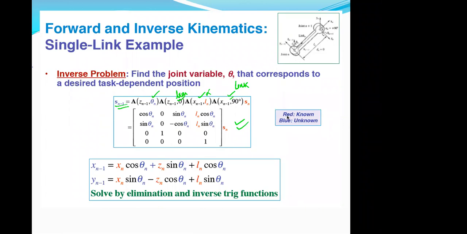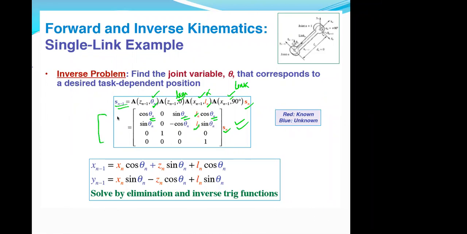So where the red thing, whatever will give, it is known, and blue theta is unknown. So in the inverse kinematic problem, theta is unknown, and this is known, this is known, and this is known.